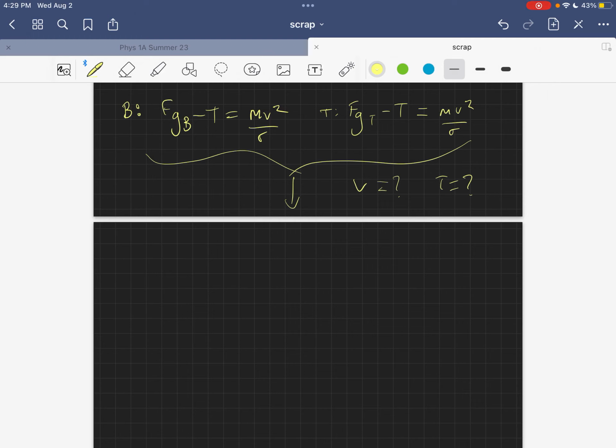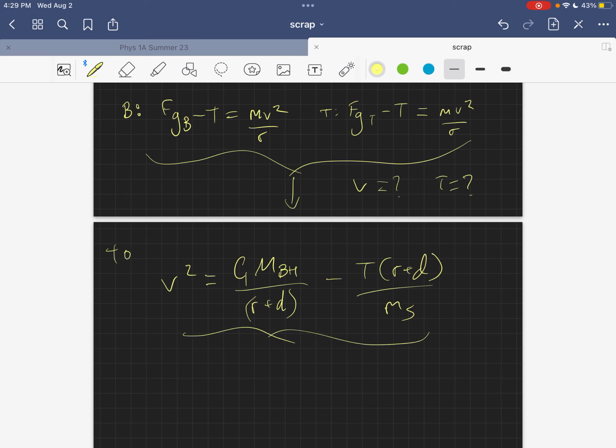So you can solve one equation for v squared. And if you do that, you could get something like G m black hole over R plus D minus T times R plus D over m_s is equal to v squared. And then you could plug that in to the other equation.